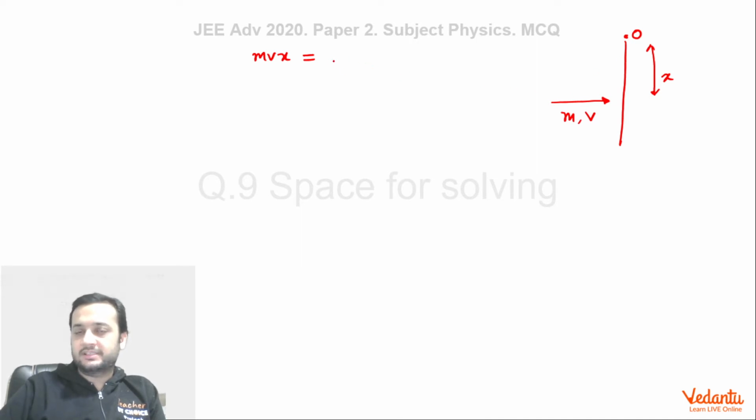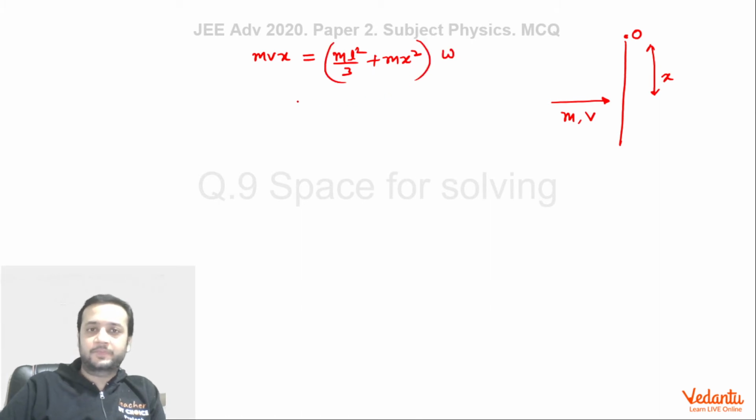After the collision, the system will have moment of inertia as ml square by 3 plus mx square. This is the moment of inertia of the rod plus this is the moment of inertia of the particle, into omega. So this gives us omega, as m will cancel out, you can see over here. So what do we get? Vx upon L square by 3 plus x square, right?